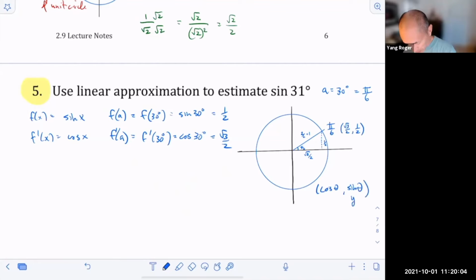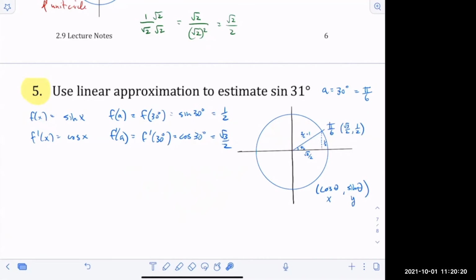So the y coordinate's always sine and the cosine is always x. Once I've picked out this angle and figure out what the point is, the sine is just going to be the y coordinate and the cosine is going to be the x coordinate. Okay, that helps a lot. Thank you. Yes, no problem.